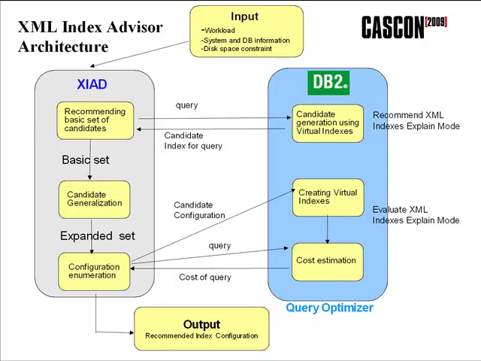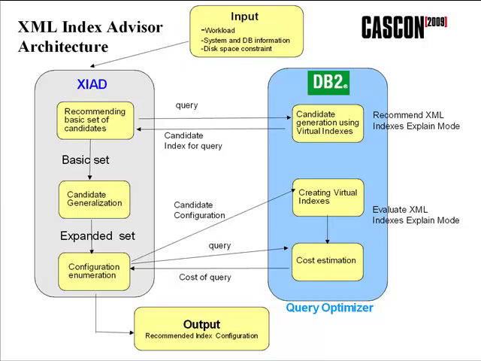The advisor reads those in, creates that set as the basic index set, then goes through a candidate generalization where it merges those XPaths together in order to come up with index candidates that include asterisks. For example, one basic index candidate may be /A/B, another may be /A/C, and a generalization would be /A/*.